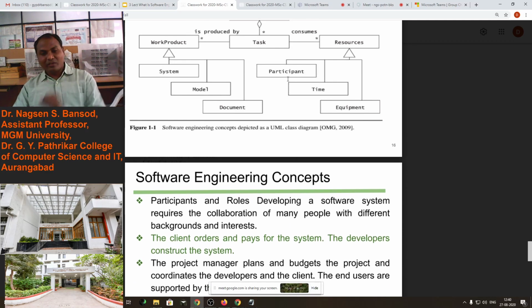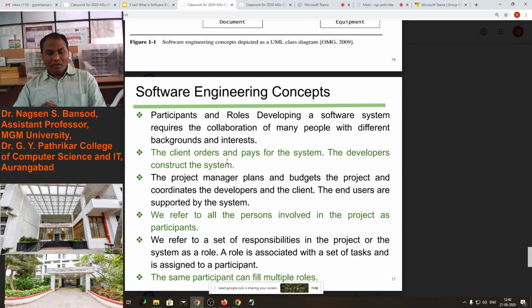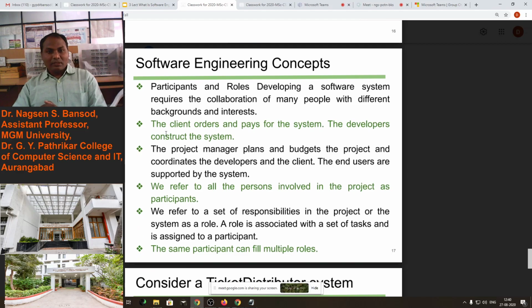We require engineers, programmers, and experts in communication to acquire the information from the client. Everyone is required. This is the collaborative role. The client orders and pays for the system, the developer constructs the system.